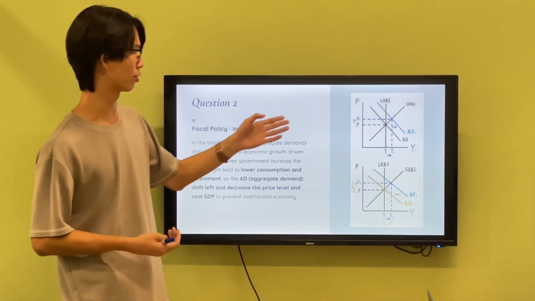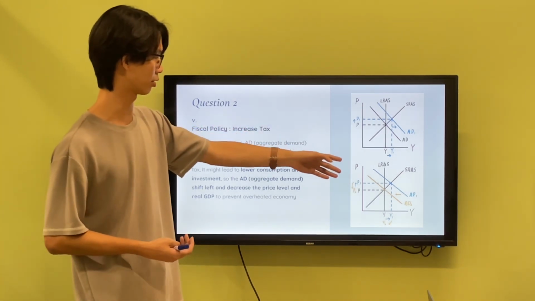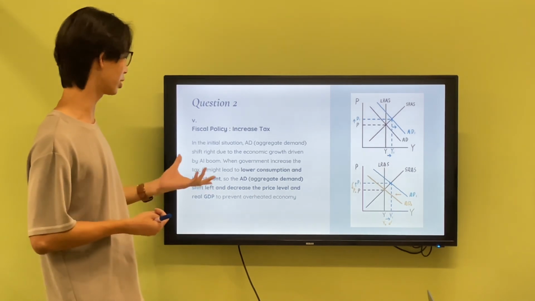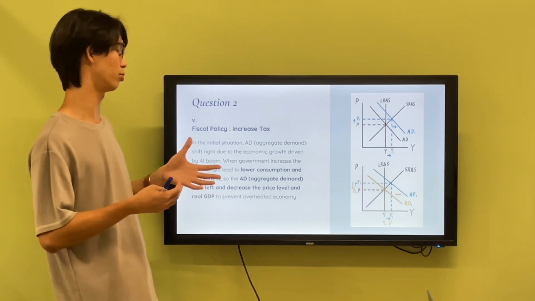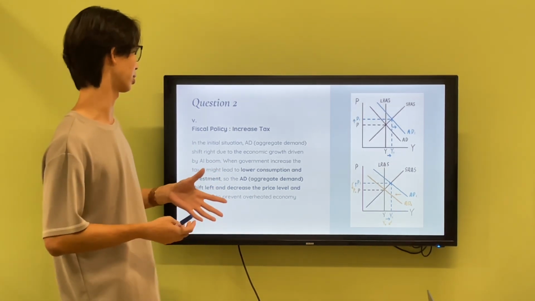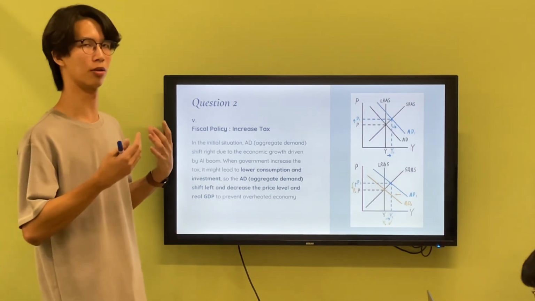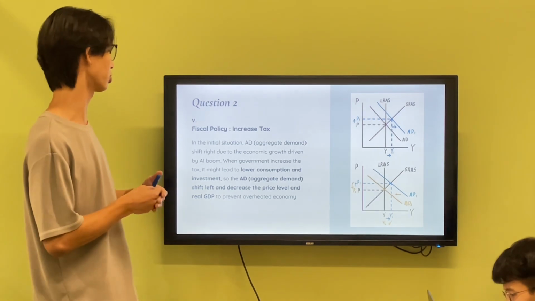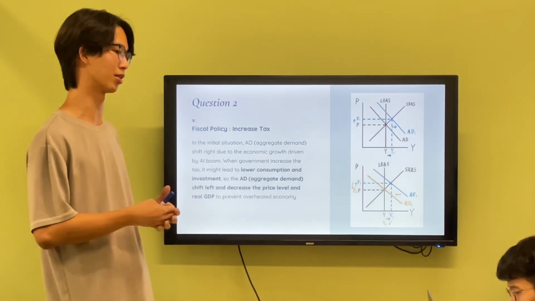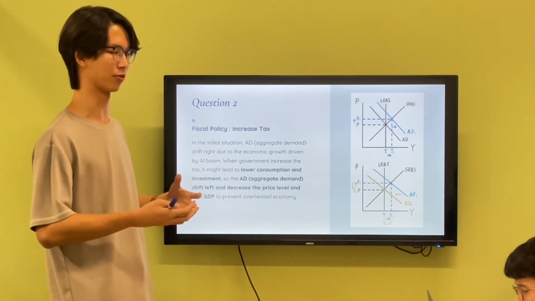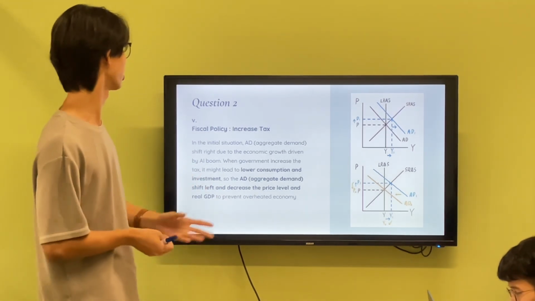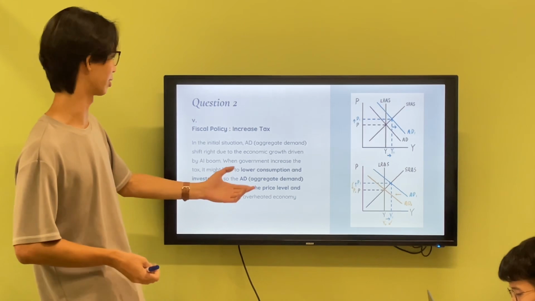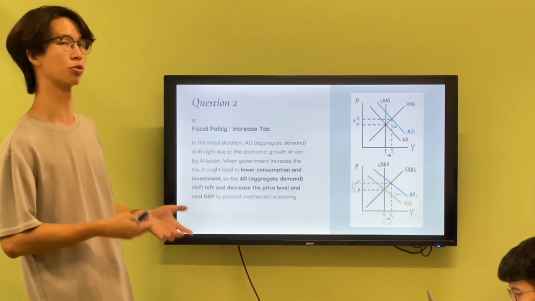Aggregate demand shifts right, and price and real GDP will also increase. And when government increases the tax, it might lead to lower consumption because the disposable income will decrease. It will also lower the investment because the profit of the company will decrease. So the AD, aggregate demand, will shift left and decrease the price level and the real GDP to prevent the overheated situation.